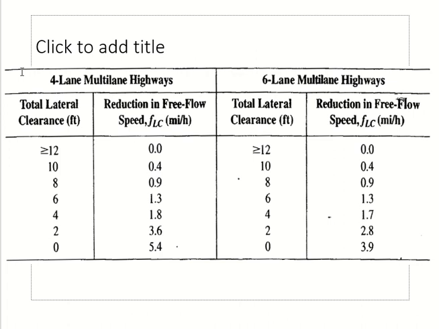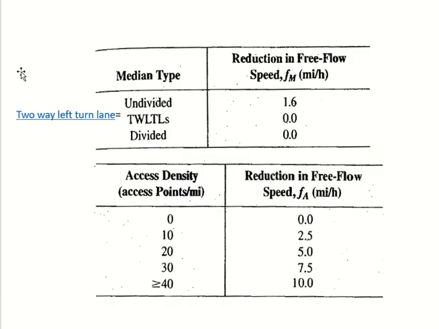0.9. Then I need the factor for median. I have a median. That means my highway is divided. So the factor is how much? 0. Then I have access points. I have 10 access points per mile.